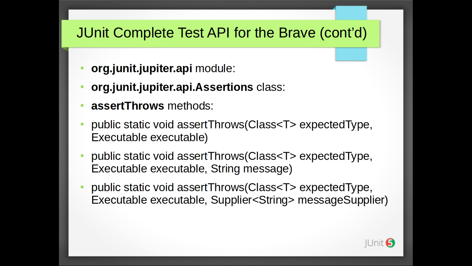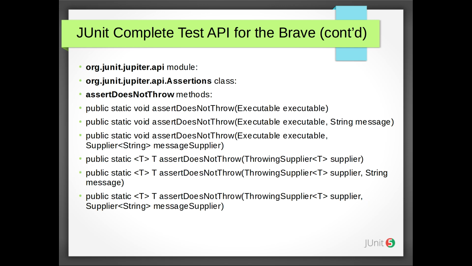Alright, assert throws methods. And let's take 15 seconds for this slide. Assert does not throw methods. Let's take 30 seconds for this slide as there are more overloaded methods.